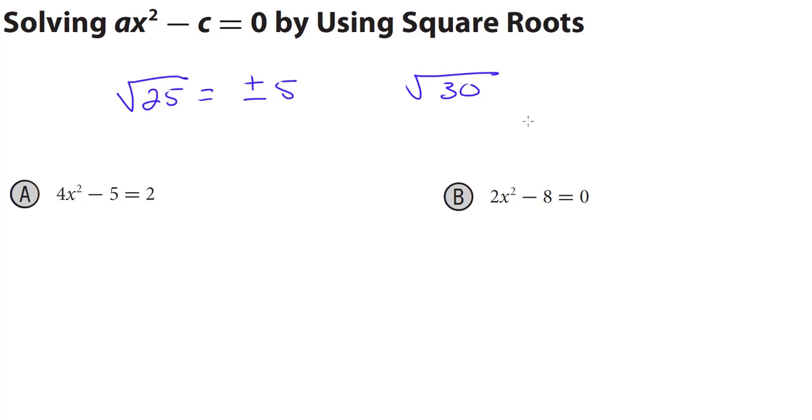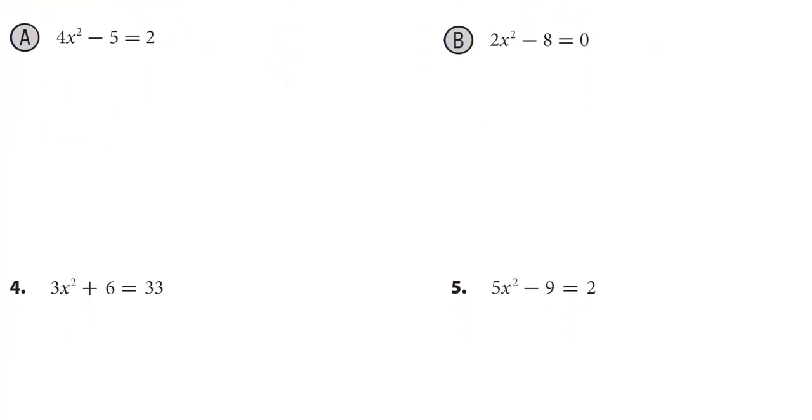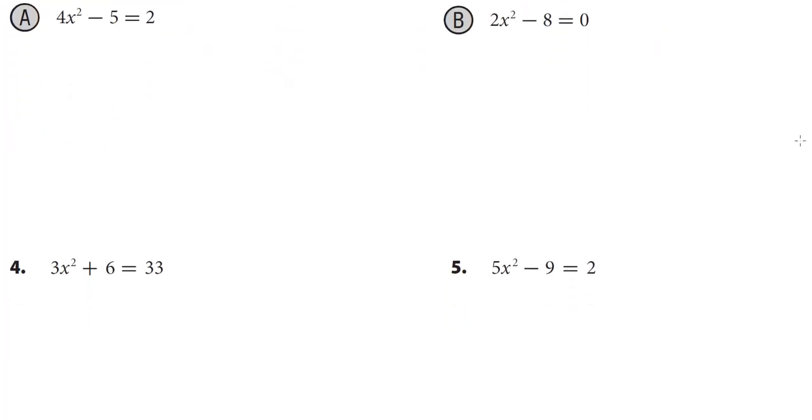So in this case, for example, we would round to the nearest hundredth. So the square root of 30 rounded to the nearest hundredth is approximately positive or negative 5.48. So if you do 5.48 squared, you don't get exactly 30, but you get a number very close to 30. So these are concepts that we need to remember, we need to use when we're solving these types of equations. So let's go ahead and take a look at our first example here.